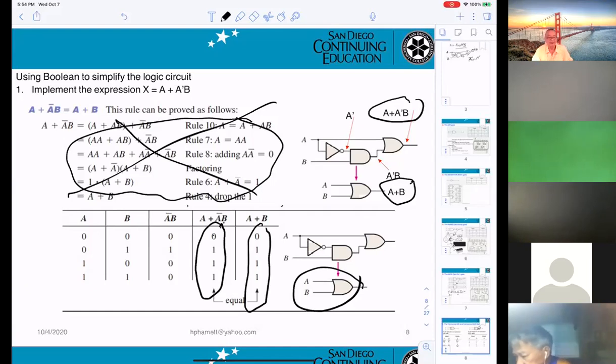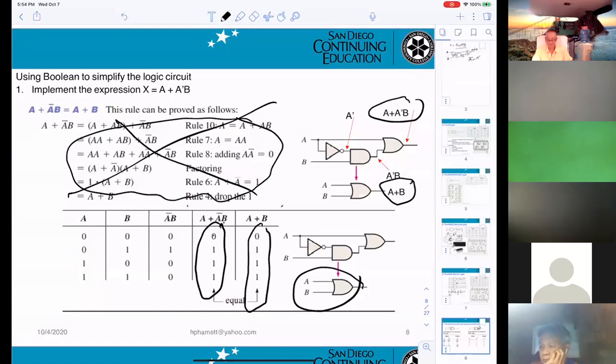When you get the equation, you want to draw the circuitry. Then you have to simplify. Make it less gates. Find the minimum number of gates.